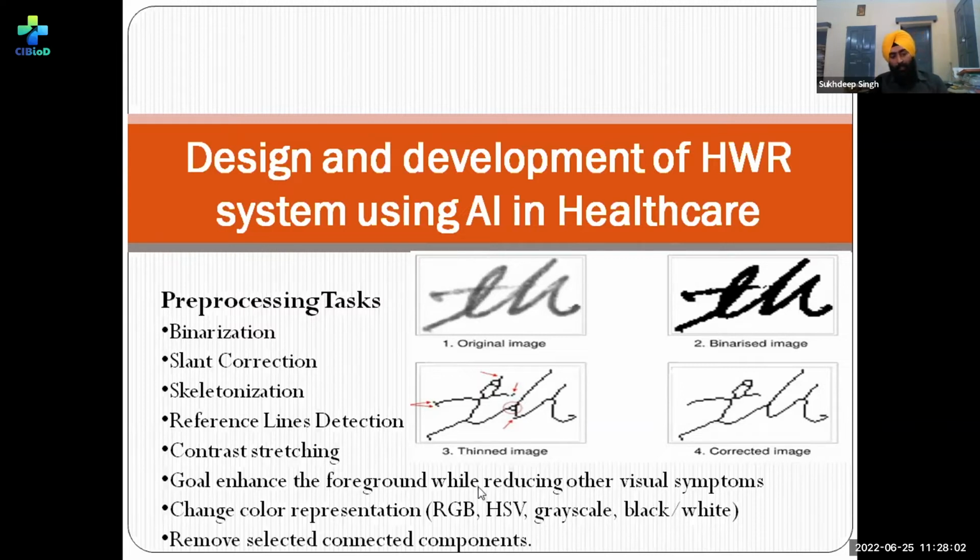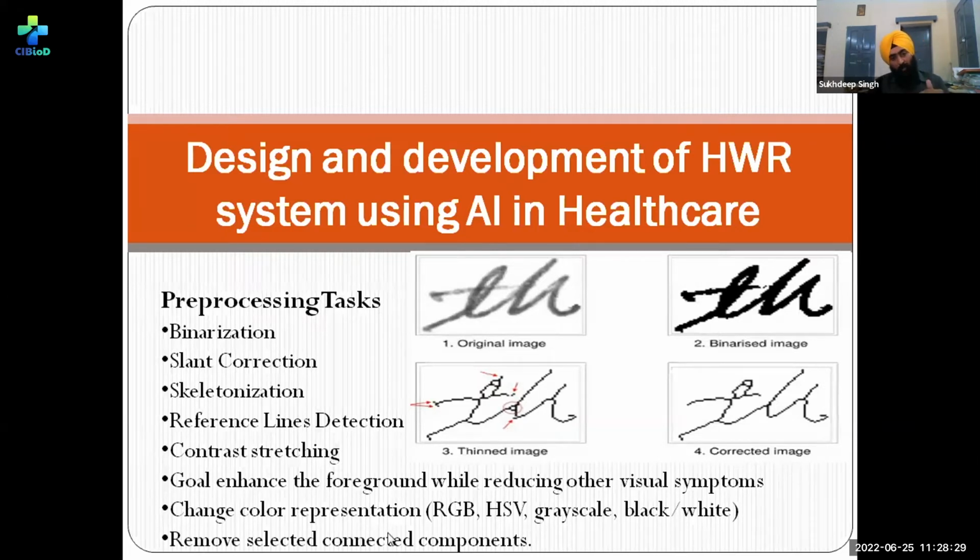Then skeletonization means instead of using thick lines of handwritten text, we convert all different size text, where thickness can vary, to a thinned image. Like here we can see that image number 3 is the thinned image.